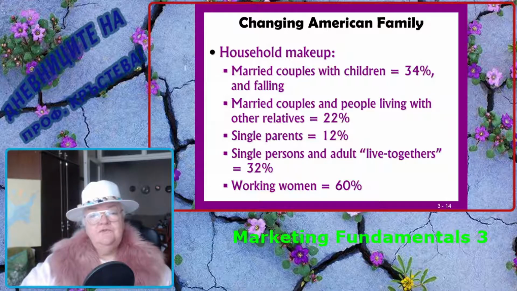How does the household makeup look? Married couples with children are 34%, and they are falling. There are married couples and people living with other relatives, 22%, single parents, 12%, single persons and other living together, 32%, and among them, working women are 60%.